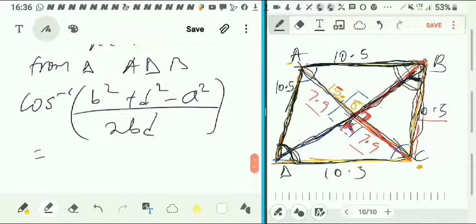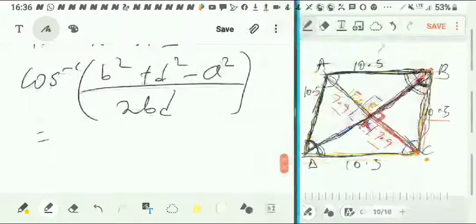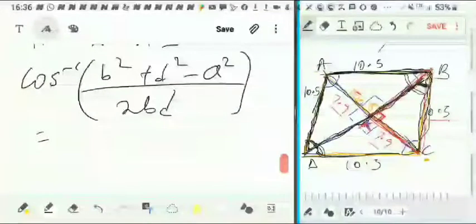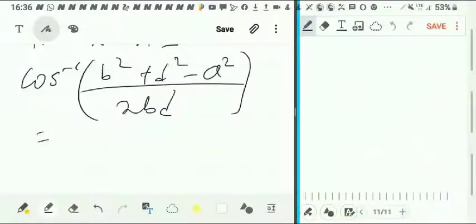You put in the right figures for this. This will be 10.5, this one is also 10.5. Put in the right values, and then you will get what I'm trying to say.